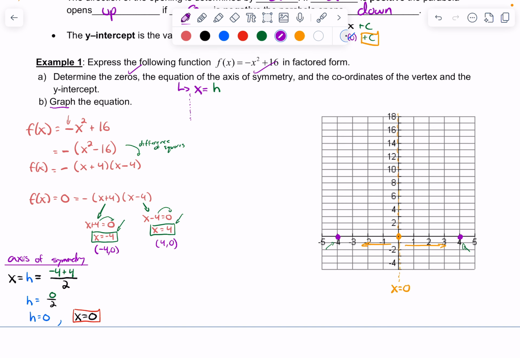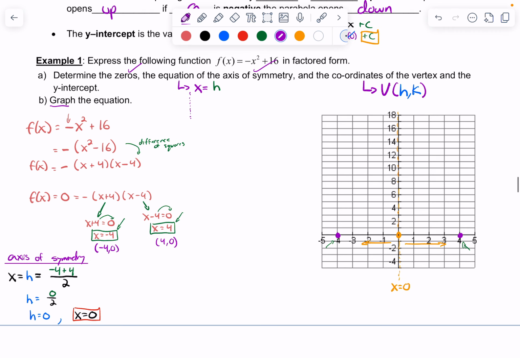Done. The coordinates of the vertex and the y-intercept. All right, so let's do this part. Coordinates of the vertex. Remember, the vertex has coordinates h and k. Well, we've already found h. We found this to be 0, so we just need to find k.